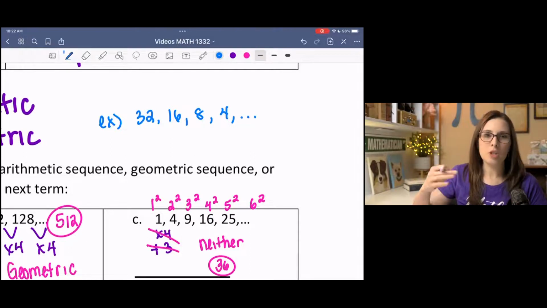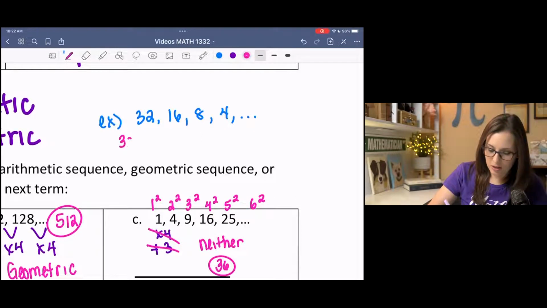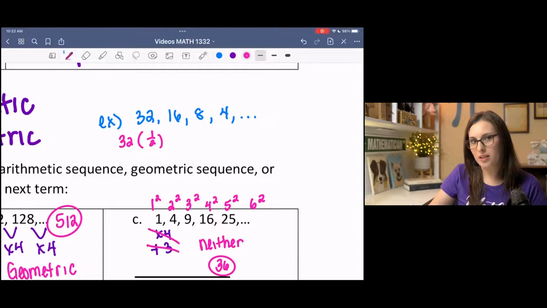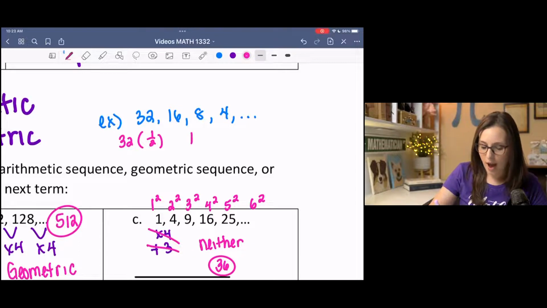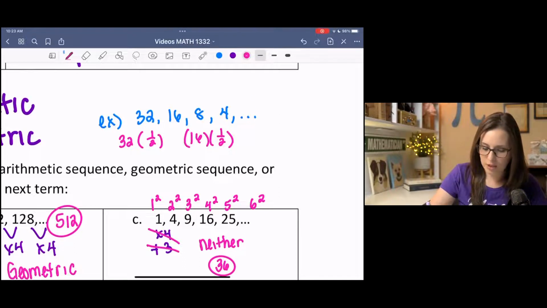And since it's getting smaller, you could look at it as division. 32 divided by 2 is 16. 16 divided by 2 is 8. 8 divided by 2 is 4, and so on. And that would get you the next number in the sequence. But technically what's happening is we're taking these numbers and multiplying by a half. So dividing by 2 is the same as multiplying by a half. So just be careful of that as you work on examples, to use a fraction instead of saying division. So our next number would be 2. And this is a geometric sequence.